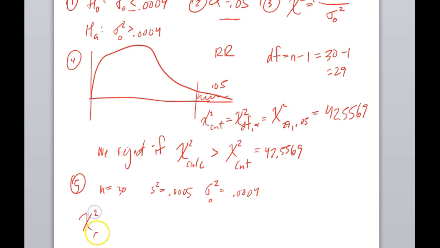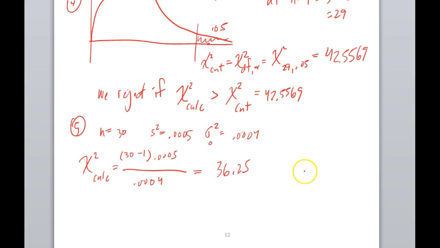So our chi-squared calc, or our chi-squared data, whatever you want to call it, is going to be 30 minus 1 times our s squared, 0.005, divided by our assumed population variance of 0.004. That's going to be 29 times 0.005 divided by 0.004, which is ultimately going to give us 36.25. So that's our chi-squared calc.